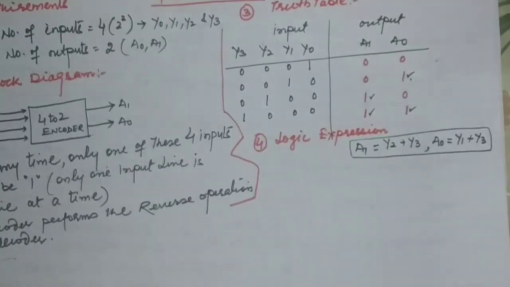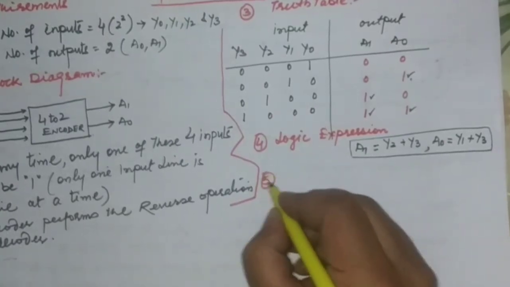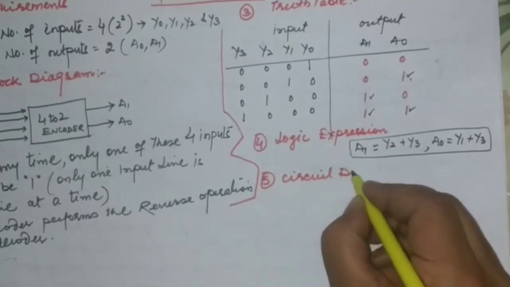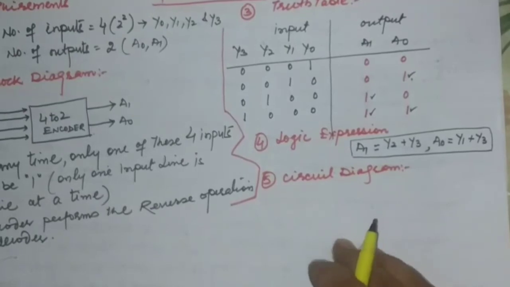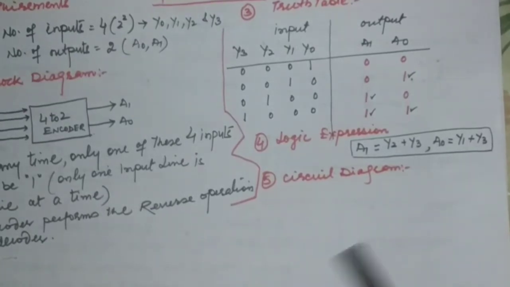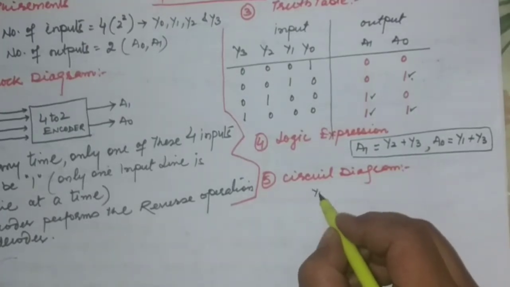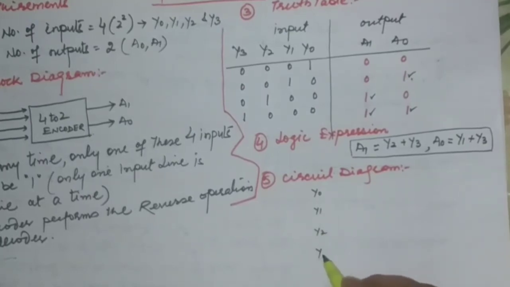Based upon the logic expressions we can draw its circuit diagram. We have 4 inputs, y0, y1, y2 and y3.